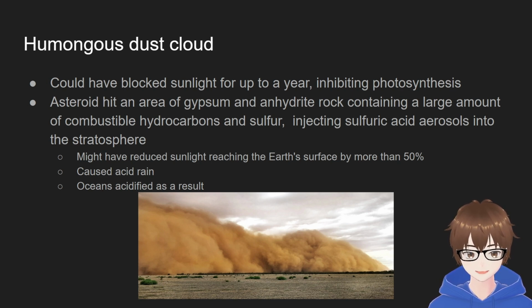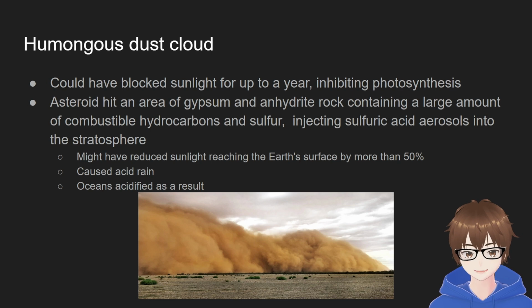This would have injected sulfuric acid and aerosols into the atmosphere, which might have reduced sunlight reaching the Earth by more than 50%, caused acid rain, and caused the oceans to acidify as a result. So, not only did the dust happen, the acid rain happened, which acidified the oceans, and also stopped most of the sunlight from reaching the Earth.